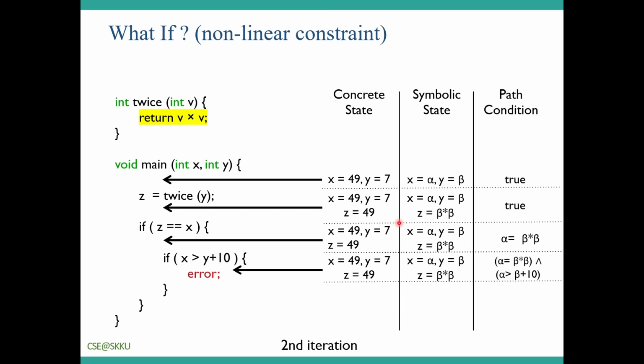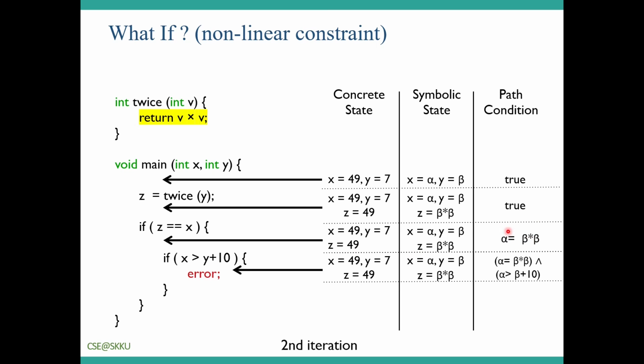And in symbolic state, z equals beta times beta. Then at the branch, if x equals z, since x and z are both equal to 49, we take the true branch and update the path condition to alpha is equal to beta times beta.